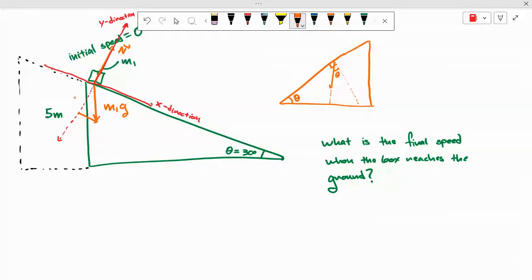If this is theta, then this right here would be 90 minus theta. This would have to be 90. This, of course, would have to be 90. So this theta would have to be theta. The point is that the angle right here is theta.